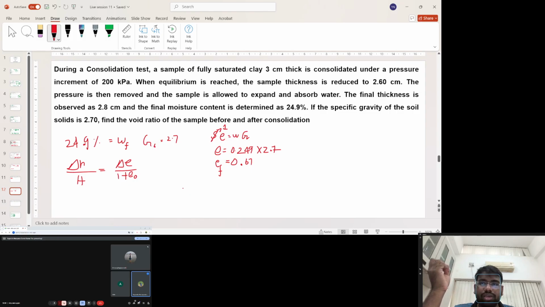Delta H is going to be 2.8 minus 2.6, divided by 2.6, is equal to delta e, final minus initial, so 0.67 minus e, divided by 1 plus 0.67. Sorry, this will be e only, the initial voids ratio.